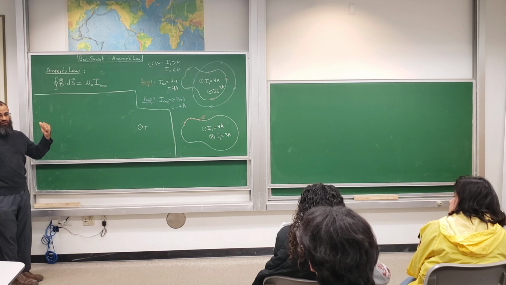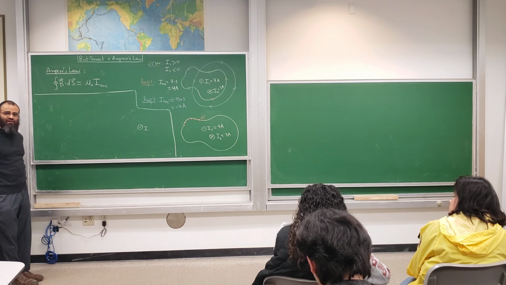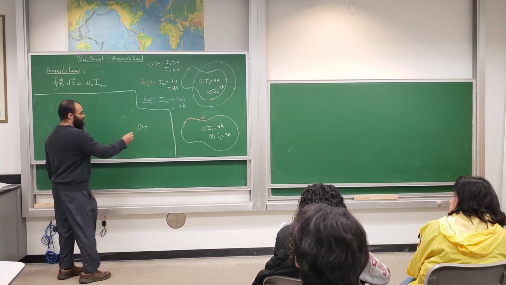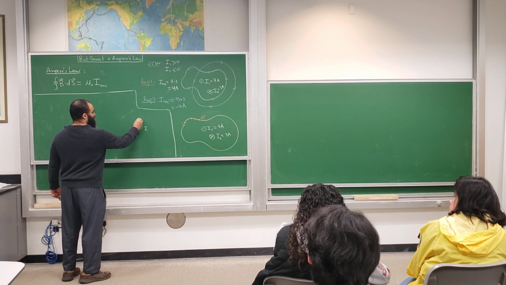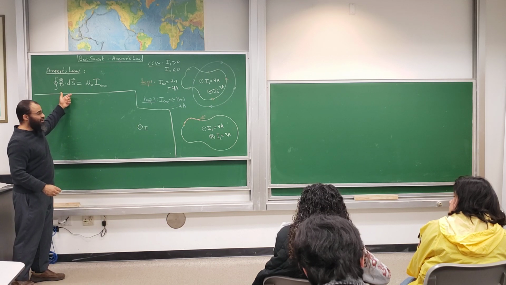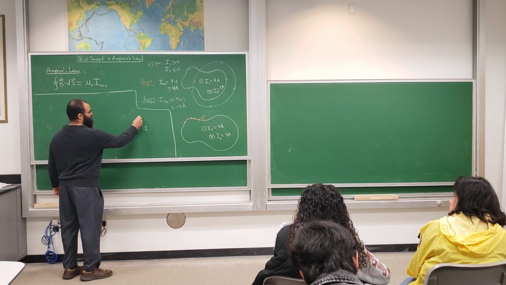For example, if the current is coming out, in what direction is the magnetic field in this case? Counterclockwise. Okay. So let's look at this. Our goal from using Ampere's law is mostly to find the magnetic field. So let's choose a point here.